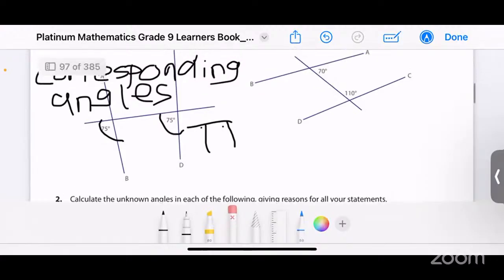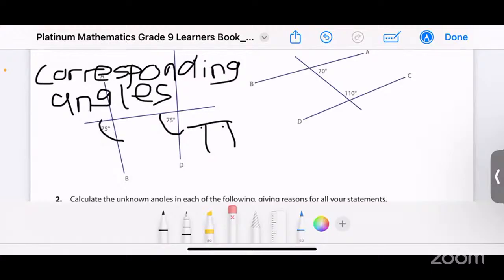And then, what about the other one? The last one, AB and CD. Can we say they are parallel? Are they satisfying any condition? Yes, ma'am. What is the condition? Co-interior.